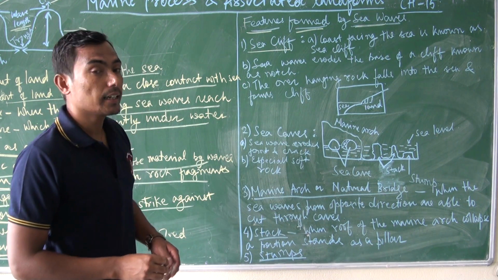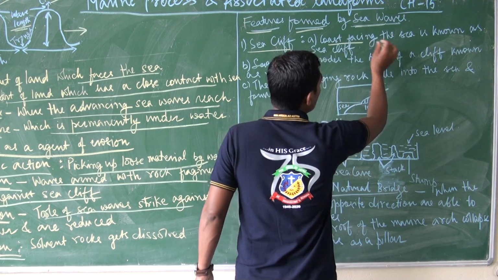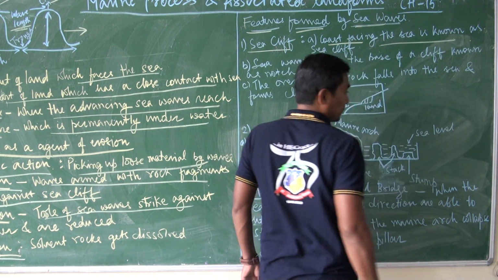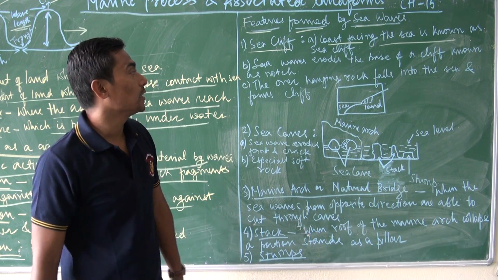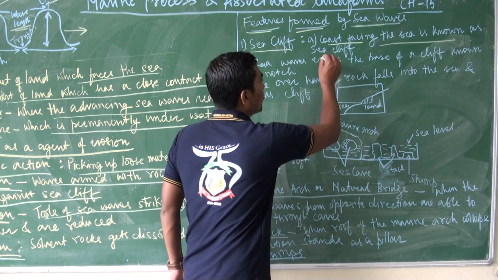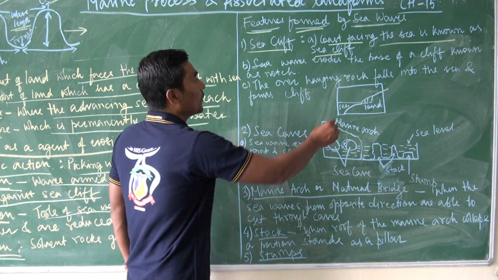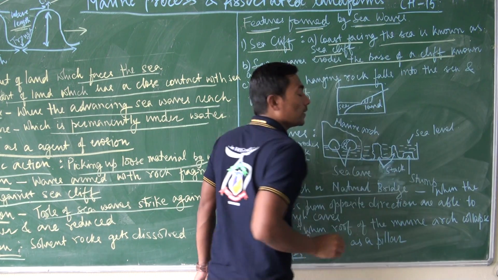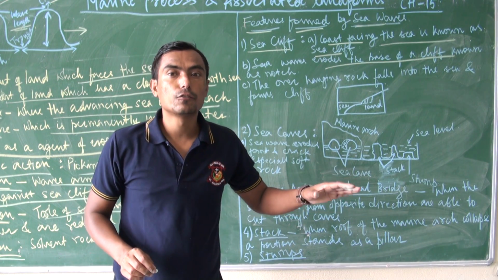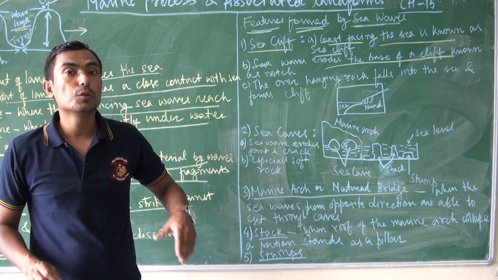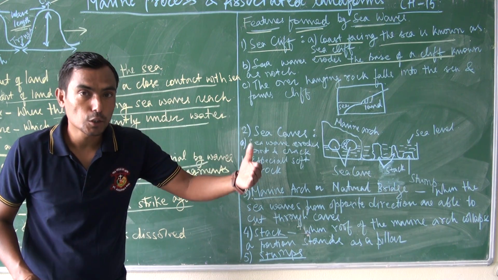Now if you look at this sea cliff, what is a sea cliff? Sea cliff means that particular coast which is facing the sea. That particular land which is facing towards the sea is known as a sea cliff. This sea cliff comes into existence when the base of the cliff is further eroded due to continuous striking by the sea waves with the tools of erosion.